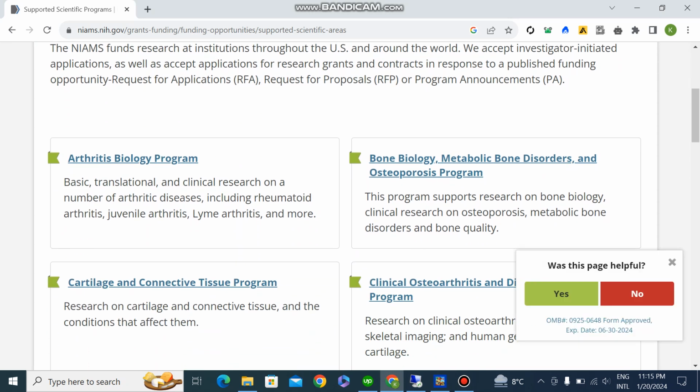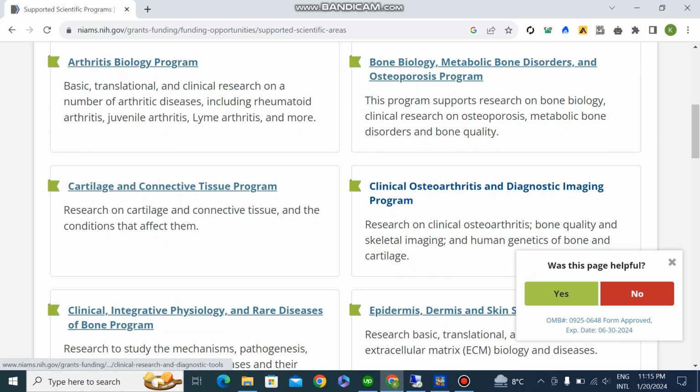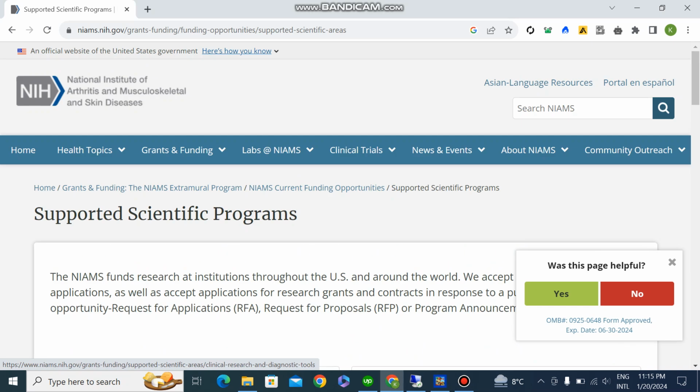Arthritis biology program: basic, translational and clinical research on a number of arthritic diseases including rheumatoid arthritis, juvenile arthritis, Lyme arthritis, and more. Cartilage and connective tissue program: research on cartilage and connective tissue and the conditions that affect them.